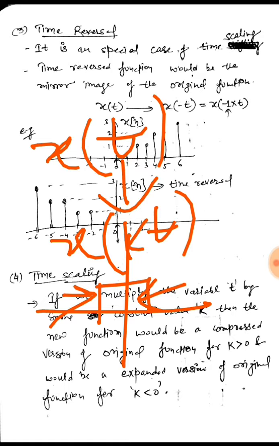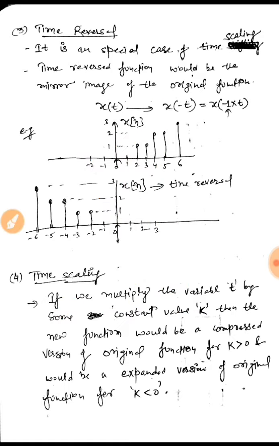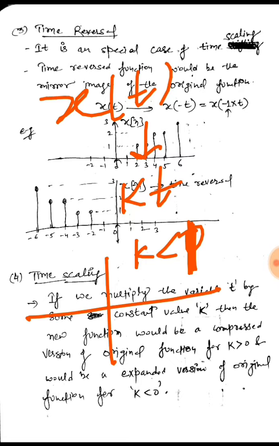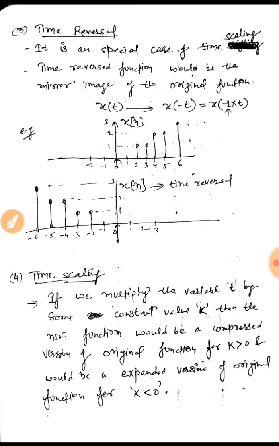If I multiply t with a value k which is, oh sorry, less than 1, then I will get a function which would be expanded in the time domain, that is, the range of the signal will expand if I multiply it with a value k less than 1.